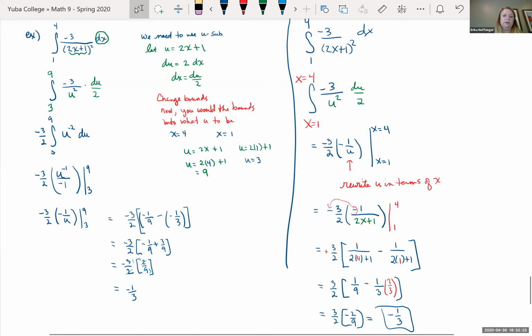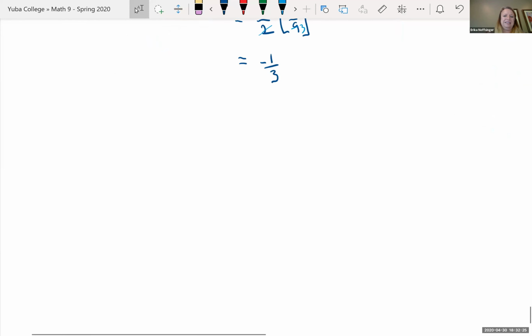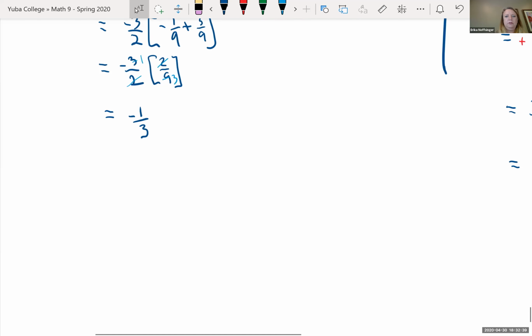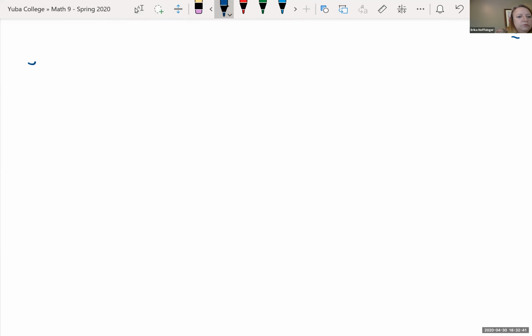Okay, so let's look at another example. This one's actually going to ask us to find the area under the curve. So use definite integrals to find the area between the x-axis and f of x over the indicated interval. Check first to see if the graph crosses the x-axis in the given interval.